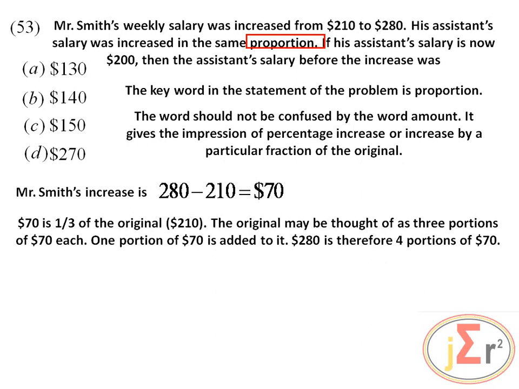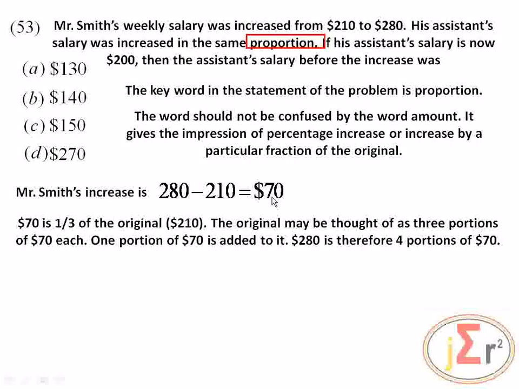So the increase is $70, and 210, which is the original, is 3 times 70. Therefore, the amount that we increase 210 by is actually 1/3 of 210, because 70 is 1/3 of 210.